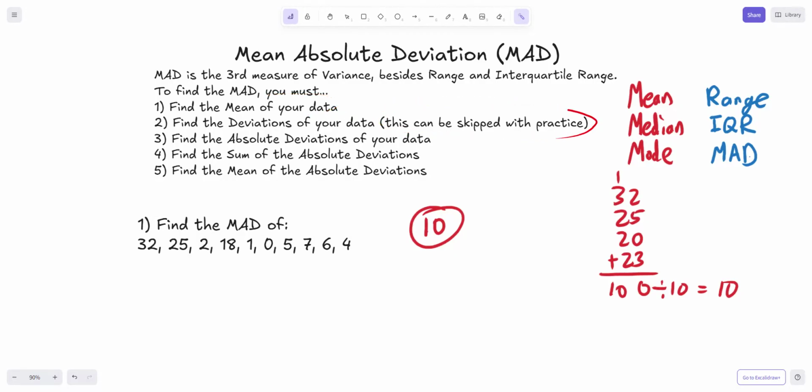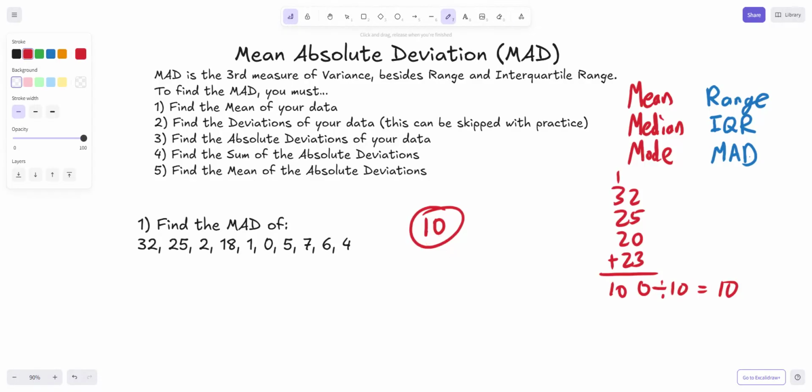Number two, again, this step can be skipped later on. I'm only doing this step once, and then for the other two practice problems later in this video, I'm going to skip it. I'm going to find the absolute deviations of your data. A deviation is how far your number is away from the mean.